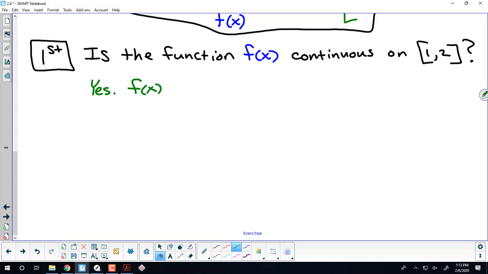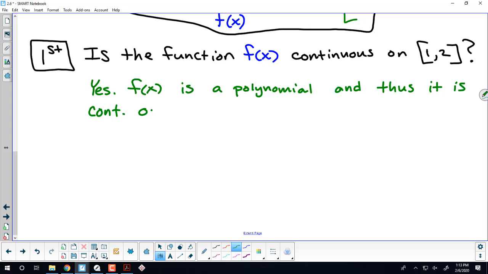So we're going to say, f of x is a polynomial, and thus it is continuous for all real numbers, which certainly then means that it's continuous on this little interval we're given.